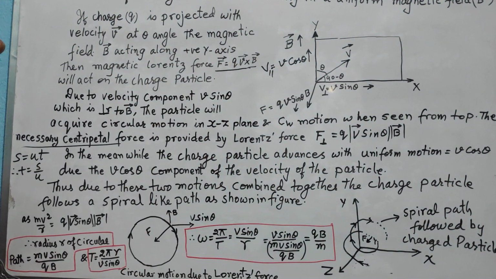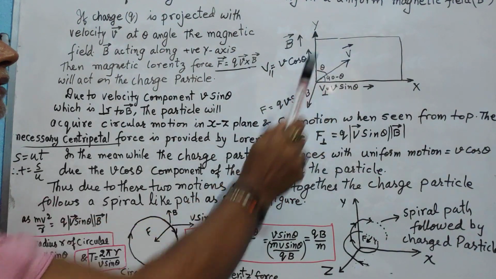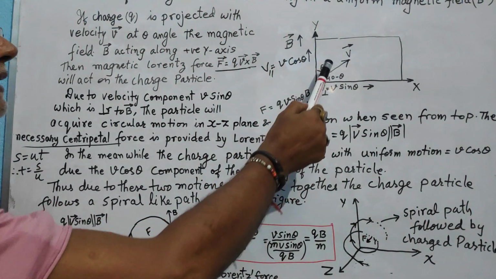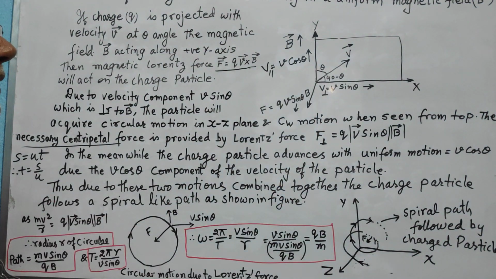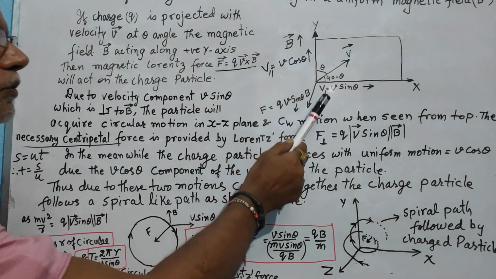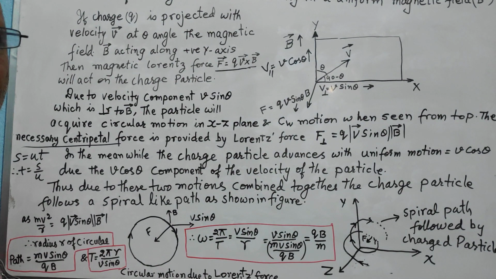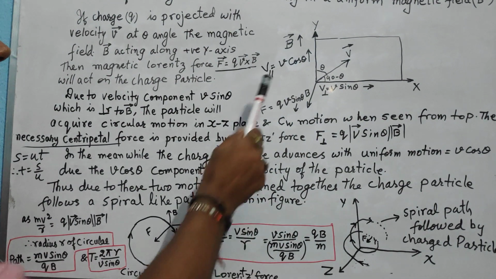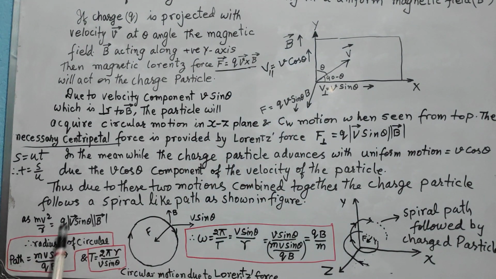I repeat the whole thing. When a particle is moving with a velocity v at theta degree with the magnetic field, then due to the perpendicular component of the particle's velocity, Lorentz force acts on the body, which is providing the necessary centripetal force mv square by r to keep the particle moving on a circular path.